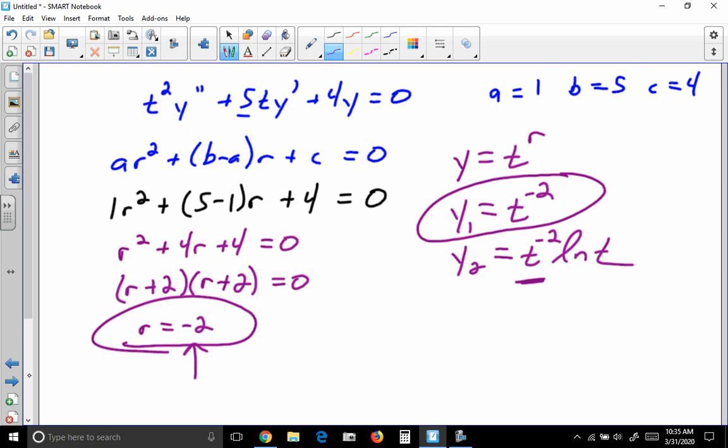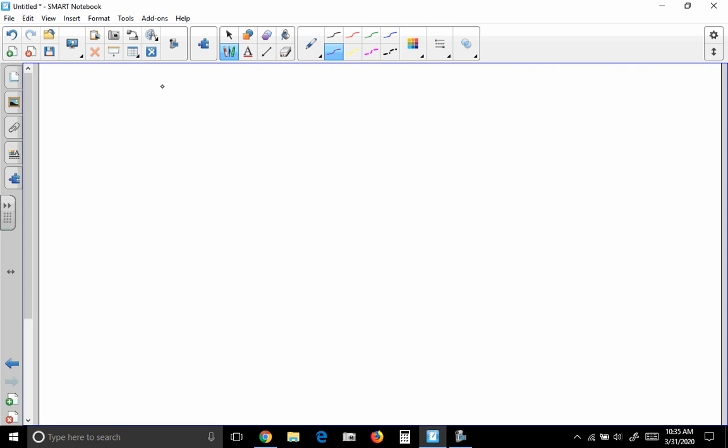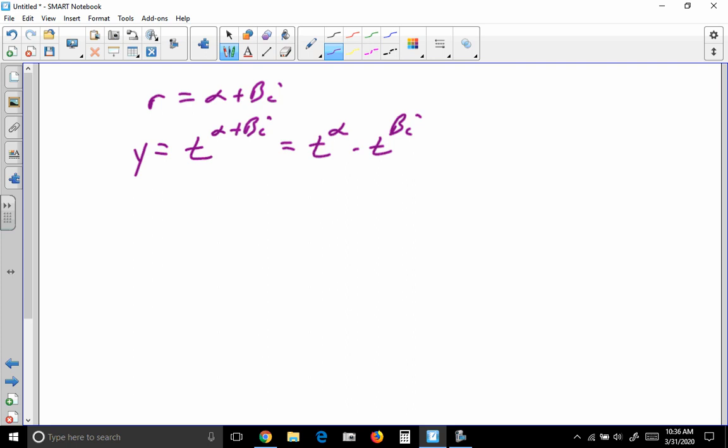What if we have a complex solution? If we have a complex solution, if r is, let's say, alpha plus beta i, then y equals t to the alpha plus beta i is our solution. So y equals t to the alpha, t to the beta i. And recall what we saw before when we had e to the i theta. We simplify that as cosine theta plus i sine theta.